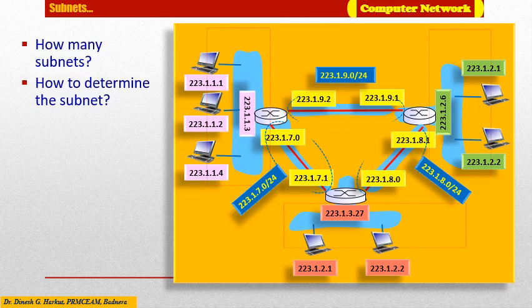That is, the procedure to define a subnet is that we need to detach each interface from its host or router. Each and every interface must first be detached from either the host or the router.